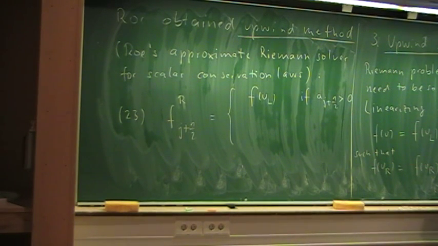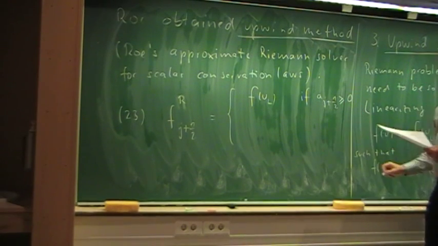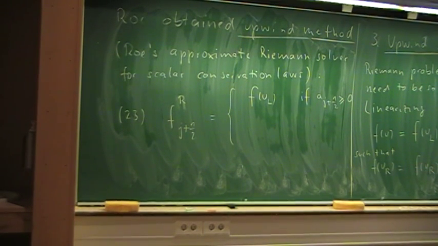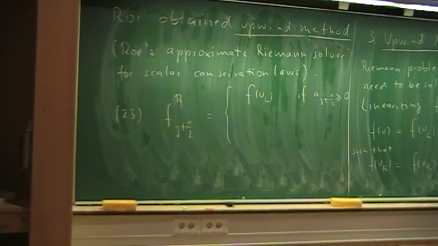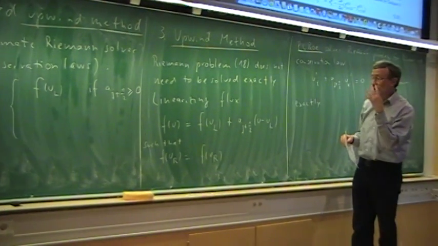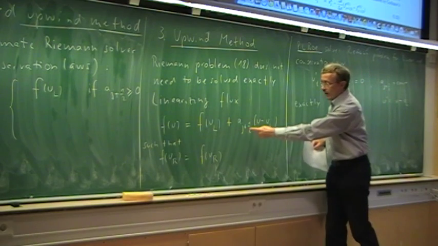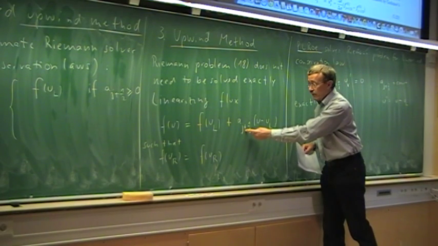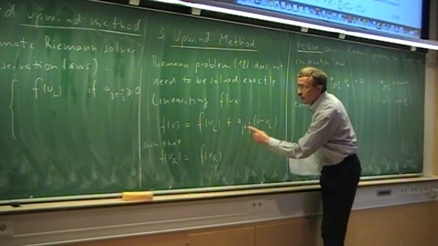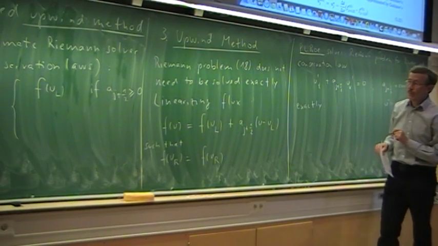In the end, we will also take it if it's equal to 0, to have it on one side, but that is not the main point. The point is when it's positive, then we take the value from where the wind is blowing. In that case, we decide the wind direction by this AJ plus 1/2 that we get from this condition here. We still have to say what it is.